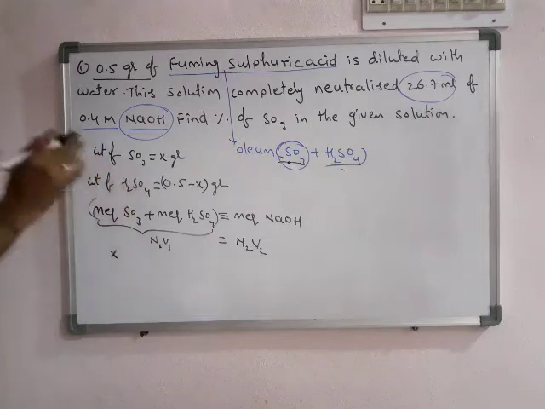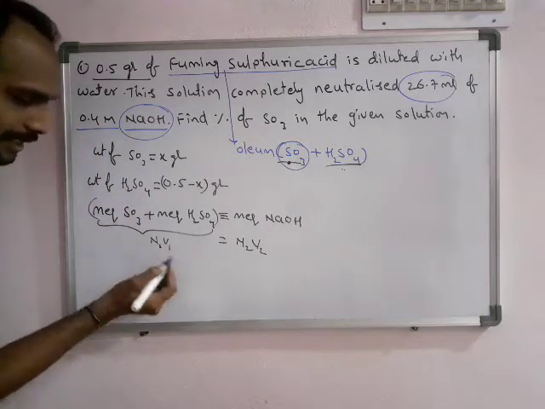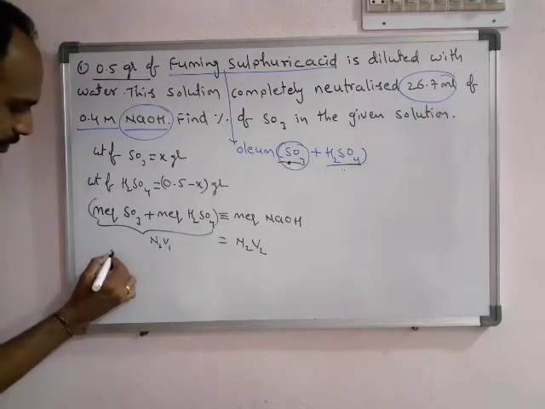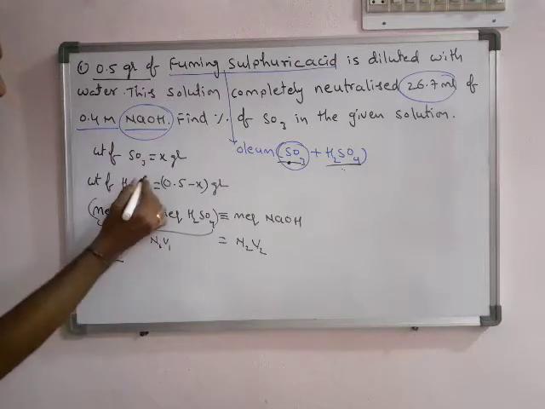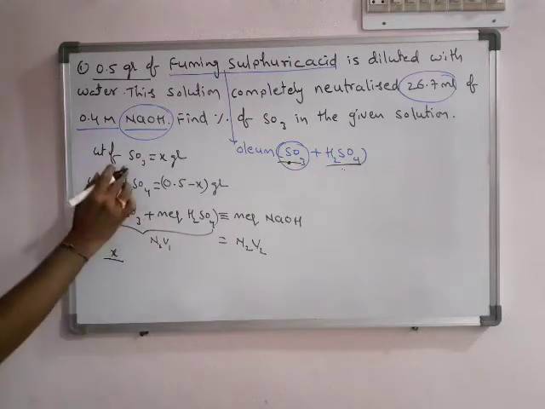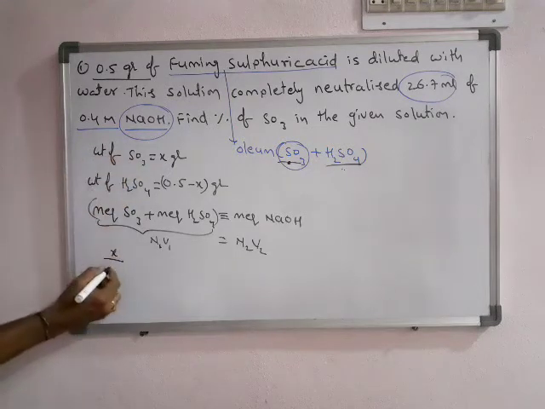So what is this weight? x grams. For normality we used to calculate equivalent weight. Weight x. Its equivalent weight how much? SO3 means what's the molecular weight? 32 plus 48, approximately 80.